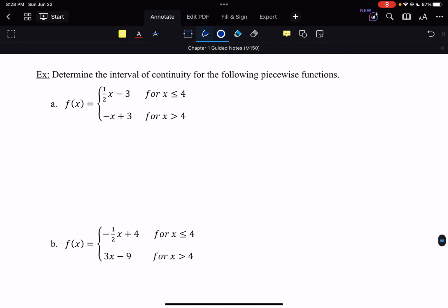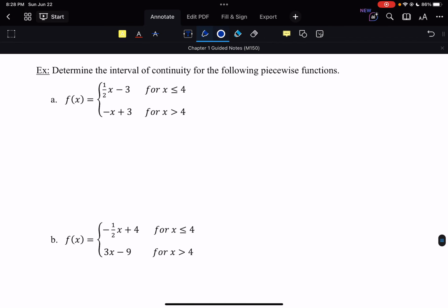So let's take a look at a couple examples down here. So we have f of x. We're trying to determine the interval of continuity for the following piecewise functions. So we have a piecewise function with this formula when x is less than or equal to 4, and this formula when x is greater than 4.